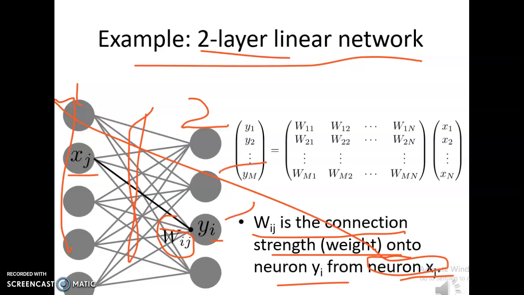Wij is the connection strength. In mathematics it is a weight; in neural networks it is the connection strength onto neuron yi from neuron xj.